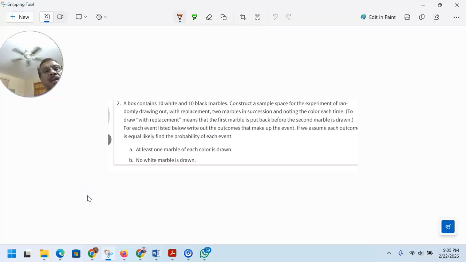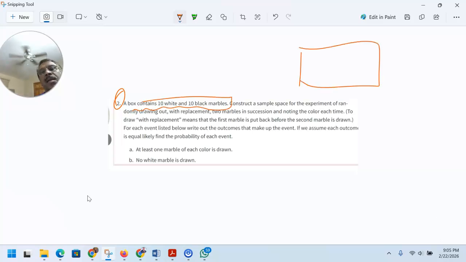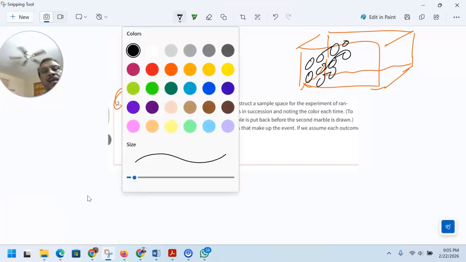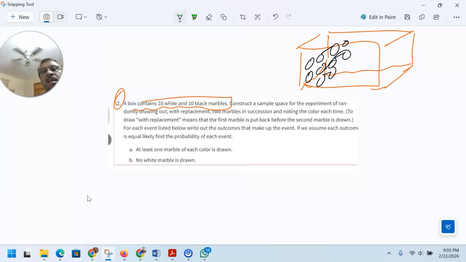So this question number 2 is a box contains 4 black and 4 white. So here there are black, 1, 2, 3, 4, and there are 4 white. Instead of white, I'll make it like a green.